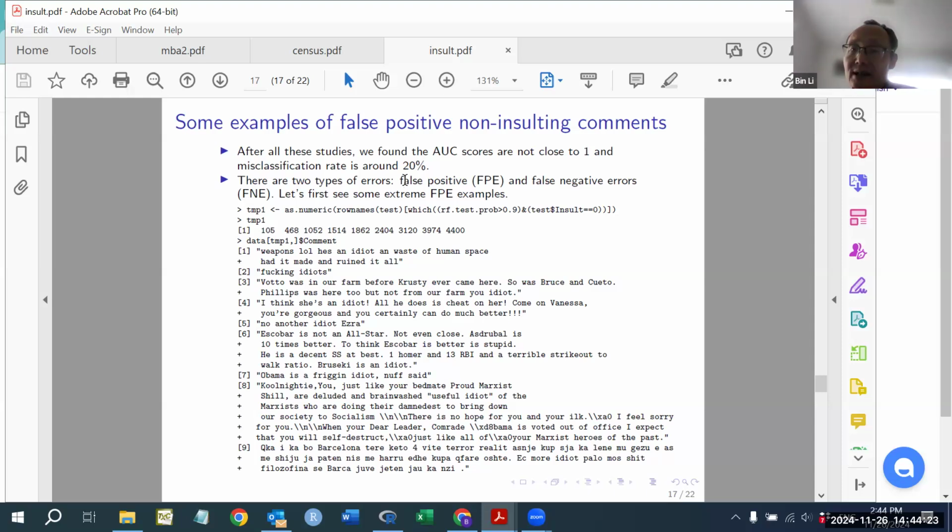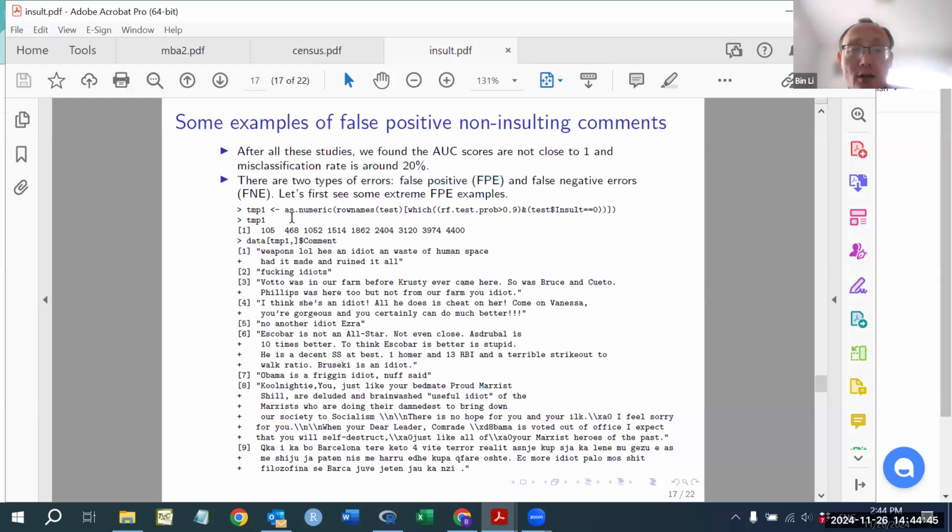False positive means we predict those commentaries are insulting, but actually they are neutral. So that's what we call a false positive.